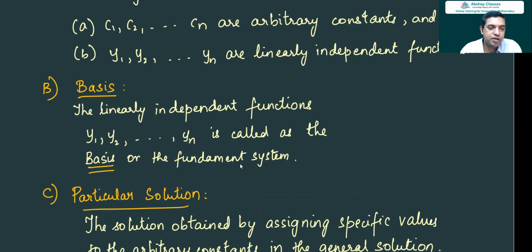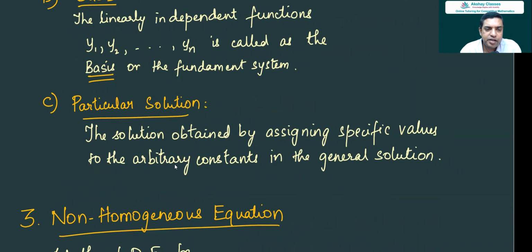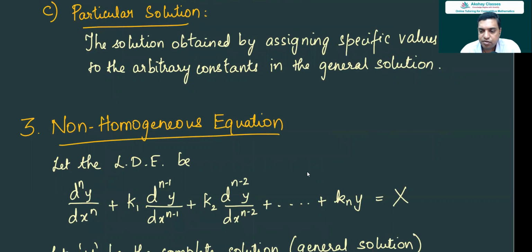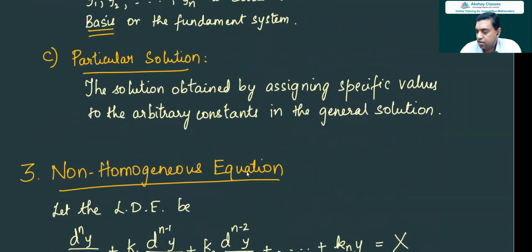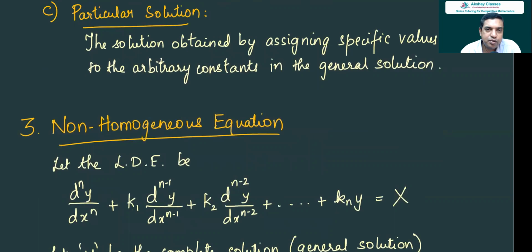They are all independent functions. These linearly independent functions are called the basis of the system of differential equations. And a particular solution is obtained by giving specific values to the arbitrary constants in the general solution.